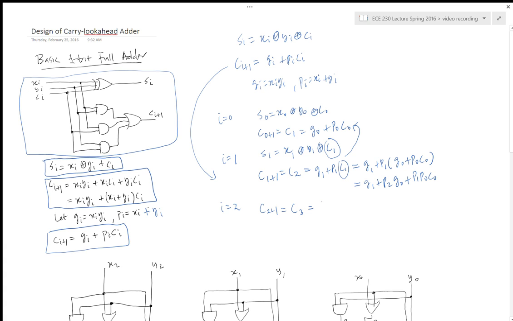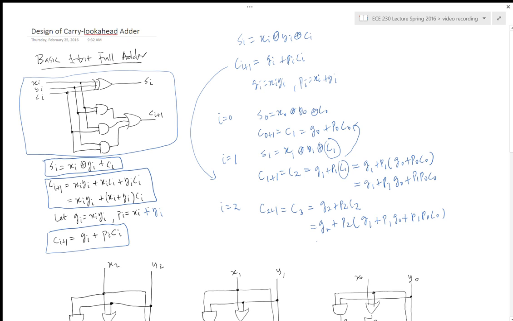So we have G2 plus P2 C2, and we know C2 is from the one above, so G2 plus P2 times G1, there's an error here, this should be P1, so it's G1 plus P1 G0 plus P1 P0 C0.